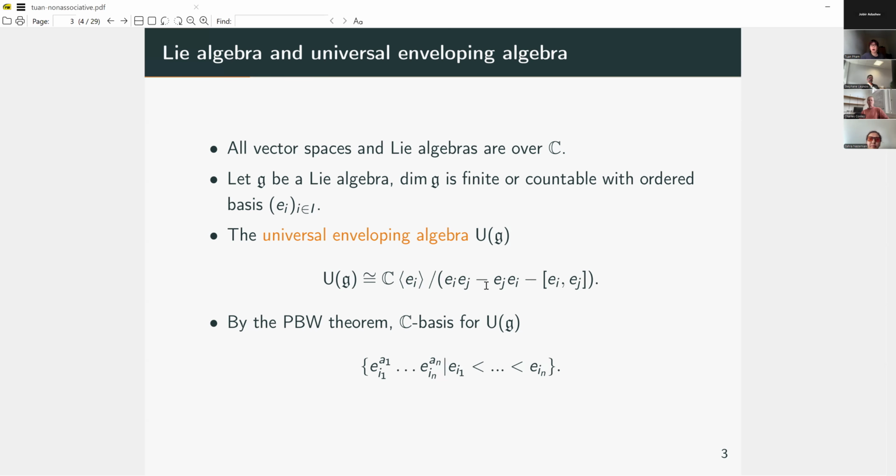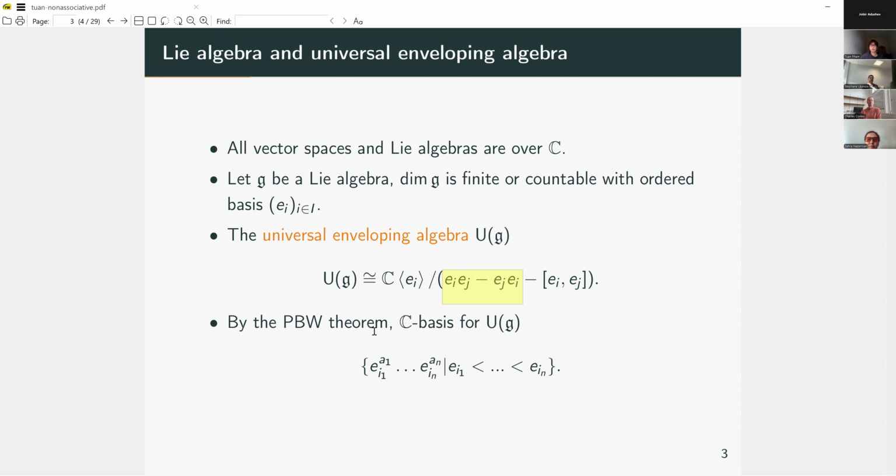By that I mean the commutator e_i e_j minus e_j e_i is equal to the Lie bracket of e_i and e_j. A good way to think about the universal enveloping algebra is as non-commutative ordered polynomials in the e_i.